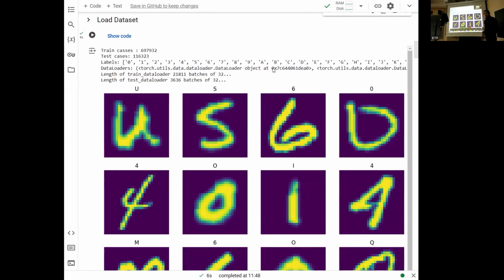I want to consider a very simple problem of recognizing some numbers and letters. So we have a data set of numbers and letters. This is an example, some excerpt from our data set. These are images 28 by 28. So it's some sort of extended MNIST, nothing very fancy. You may guess that each of these images will be reinterpreted as a point in a space that has 28 by 28 dimensions.